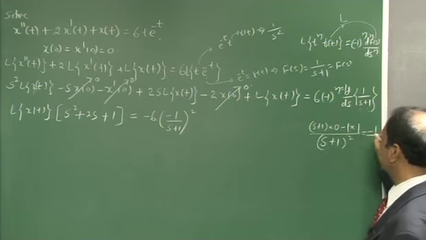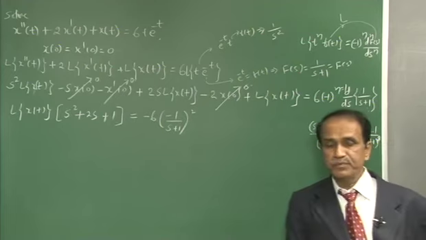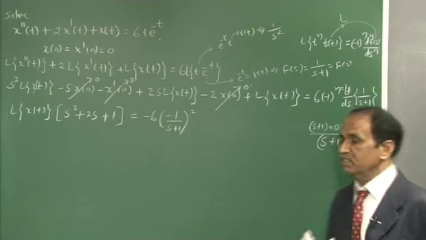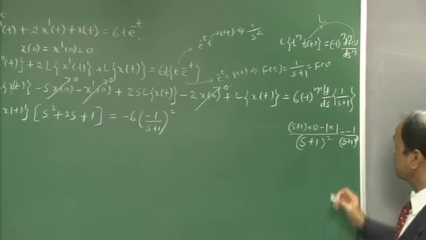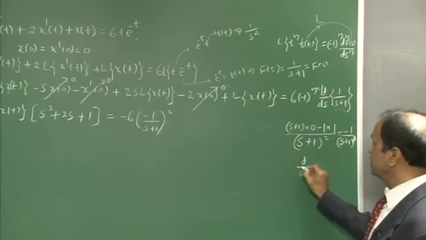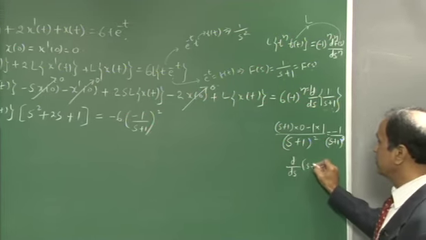As a result, you get minus 1 by s plus 1 whole squared, right. So this is the term you are going to write. This is one option. Another option you can think of when the numerator is a constant: therefore, it is d by ds of s plus 1.